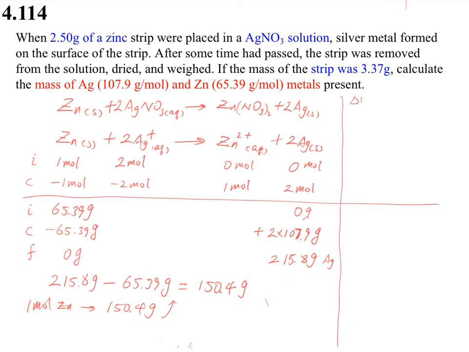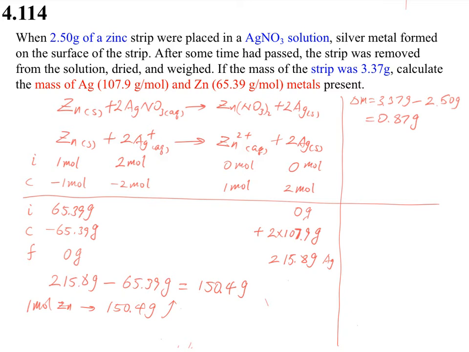So the increase of the mass is 3.37 gram subtract 2.50 gram, which gives us 0.87 gram. So we know that 150.4 gram of increase in mass corresponds to 1 mole of zinc. Now we have 0.87 gram increase corresponding to how many moles of zinc?